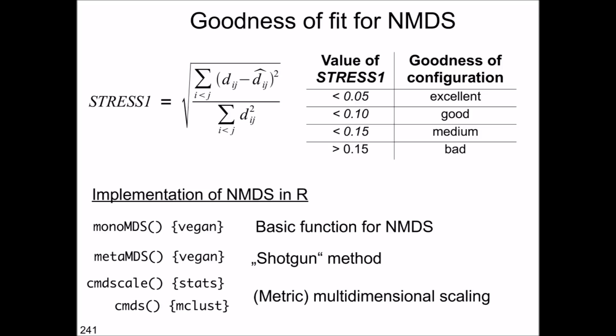The method is called like that because it is also a very broad method that just couples a couple of techniques but may not be very precise for an individual data set. But often it does the job and it's very handy to use. You also see here the functions and packages that can be used for metric multidimensional scaling.